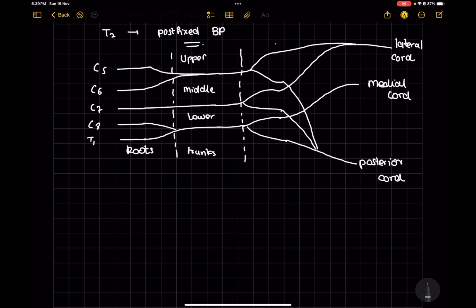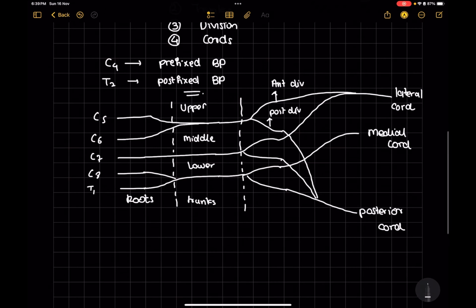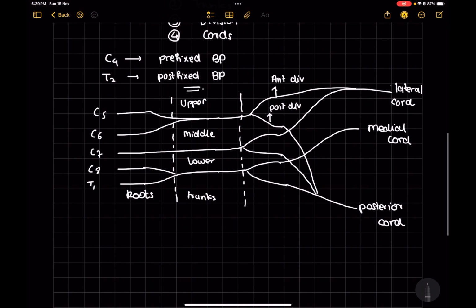Okay, this is anterior division, posterior division, and so on. Okay, now the last thing that you have to learn from these cords is what nerves arise from this brachial plexus, because nerves not only arise from these cords.